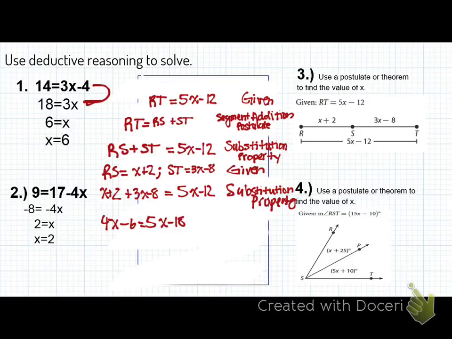We're going to combine like terms. We learned that from before. Then I'm going to subtract 5x from both sides. And this is called subtraction property of equality. So I'm going quickly here. Do you all see the progression here?